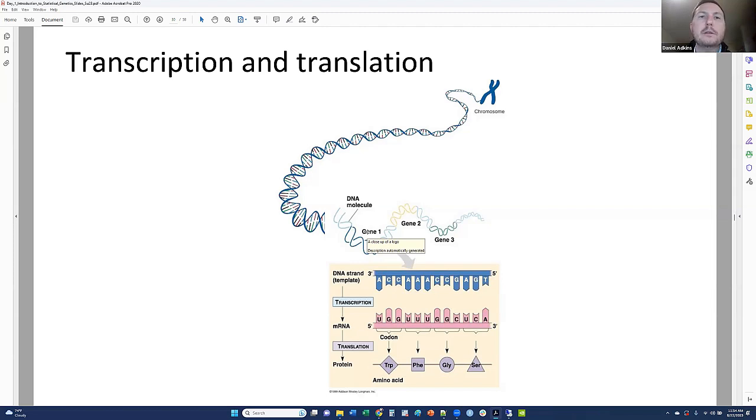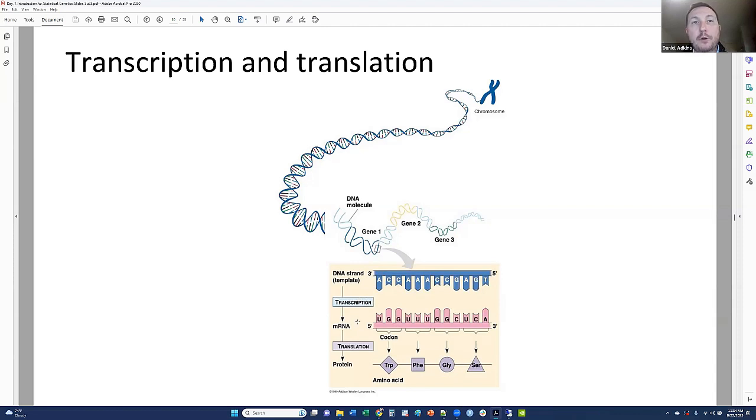That's not as simple a question as it might first appear, but generally speaking, a gene is defined as a spatially contiguous segment of DNA that's responsible for a particular protein product. So here we've got gene number 1, and it's going to get transcribed into basically a recipe for a protein.